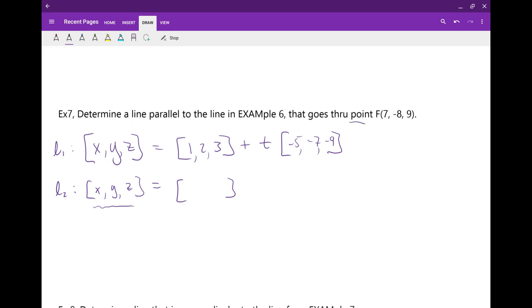Oh wait, well, it needs to go through point F. So let's just make point F the starting point. And then over here, I need a slope. Well, if it's parallel to this line, I might as well just use the same slope. There you go. And here, I'm going to call this a parameter W. One thing you want to get used to is if you have multiple lines, you need to give them different parameters, okay?